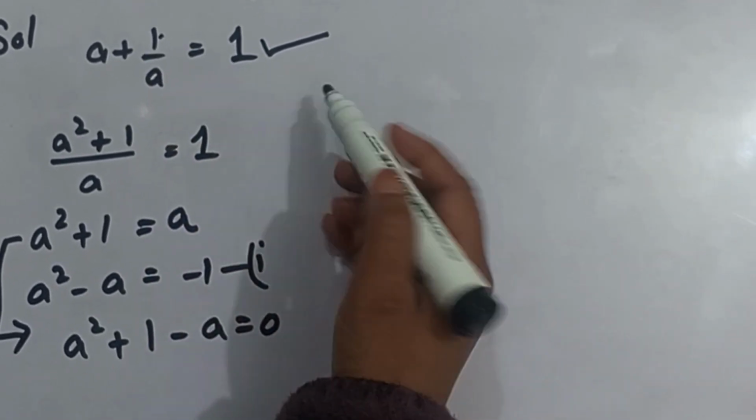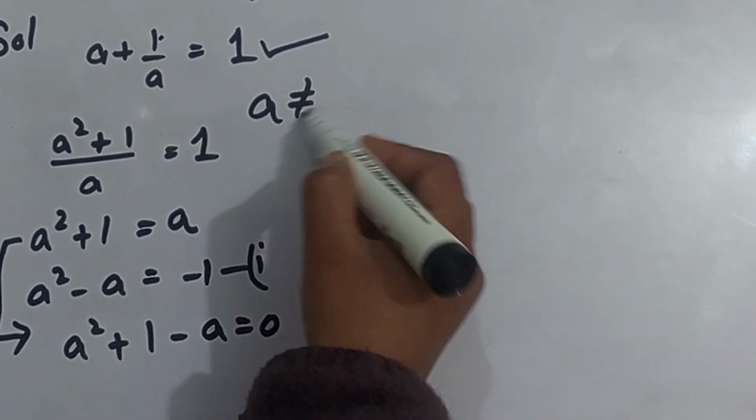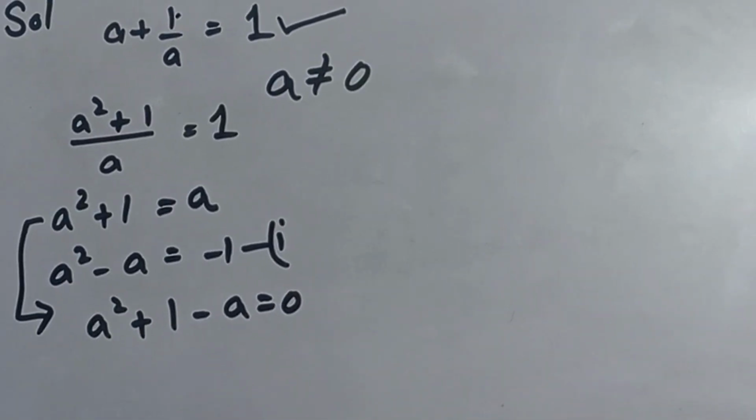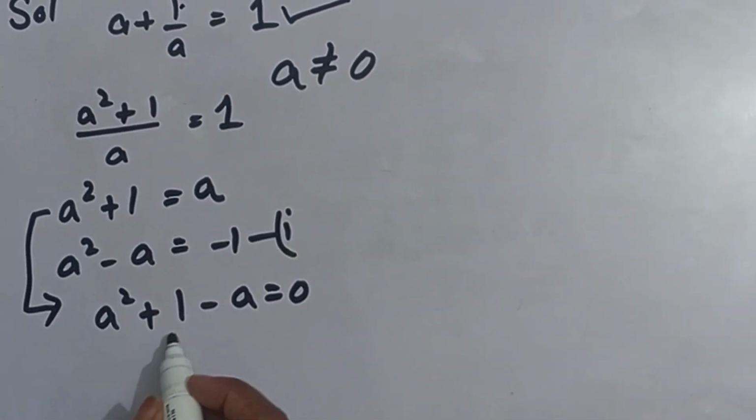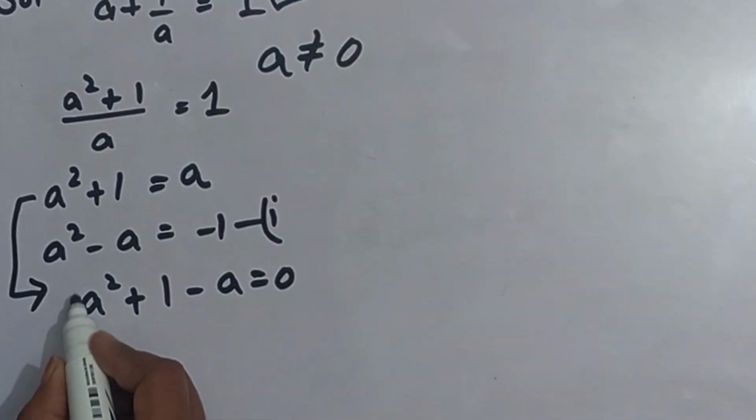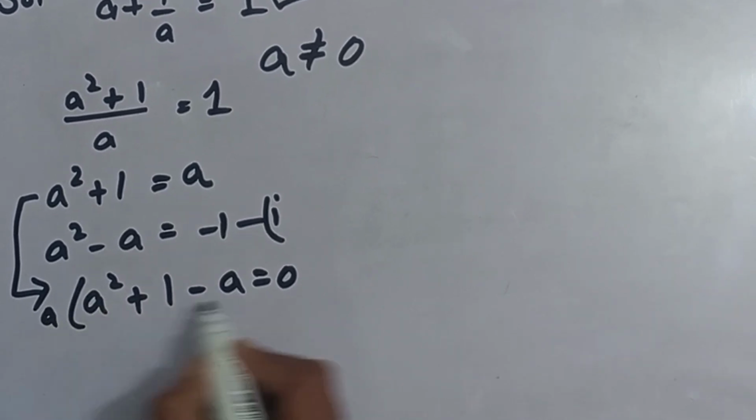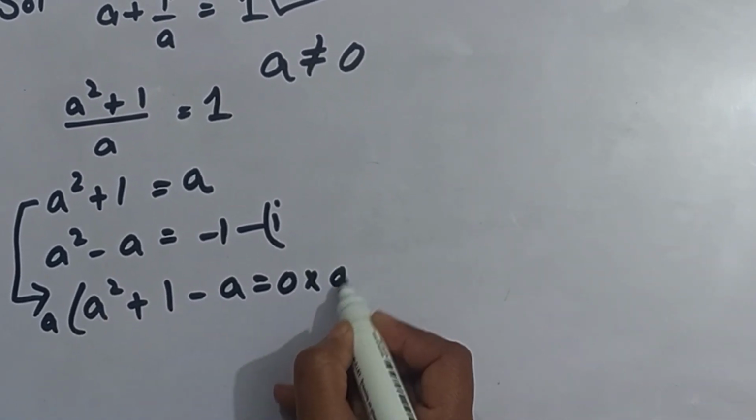So in our question a is not equal to 0. That is why we can multiply this equation by a on both sides.